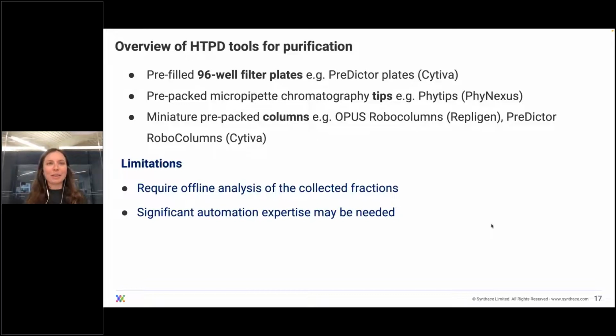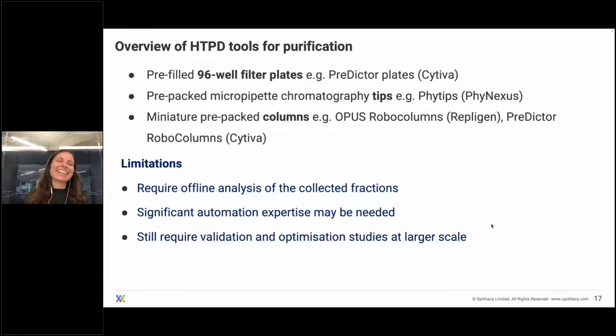But luckily, there are tools out there available which can really simplify this process. Wink, wink. But unfortunately, even if you really narrow down the factors required and the factor levels, you still require validation and optimization at larger scale. But of course, the amount of cost here will be much, much reduced because you won't have to run the same number of runs.